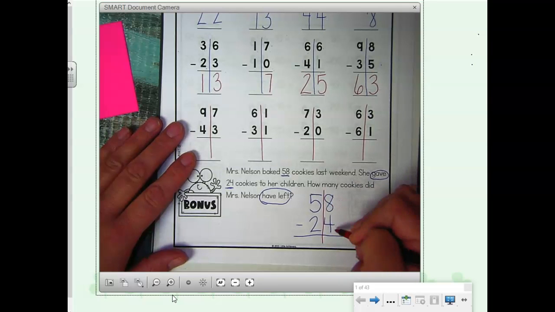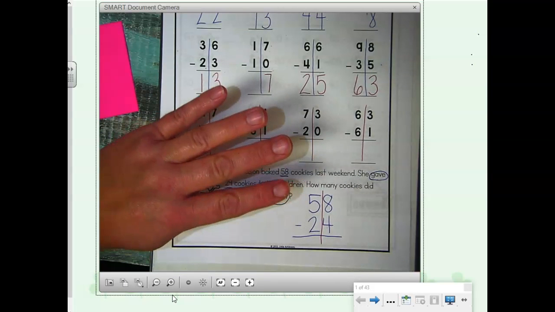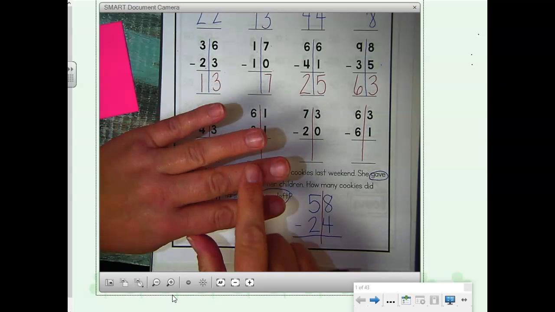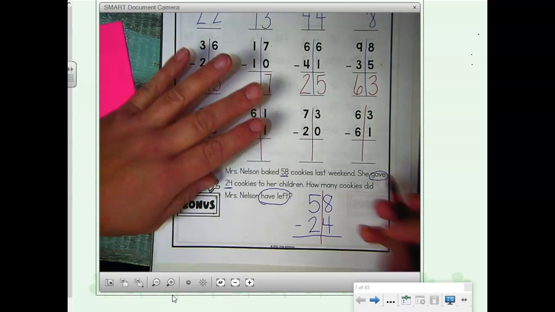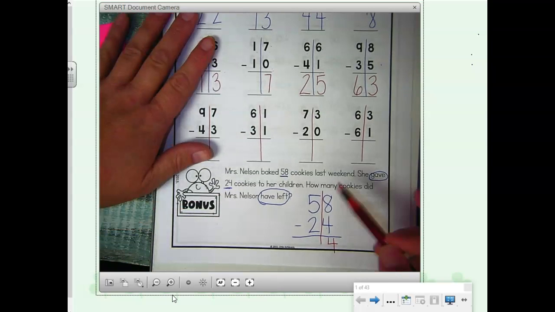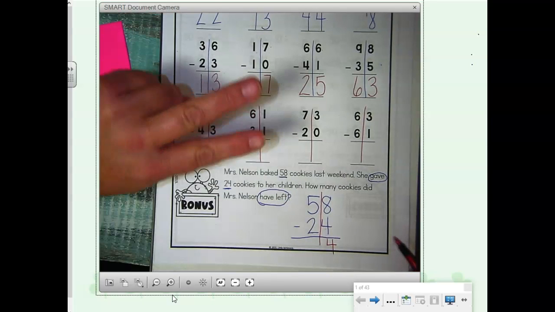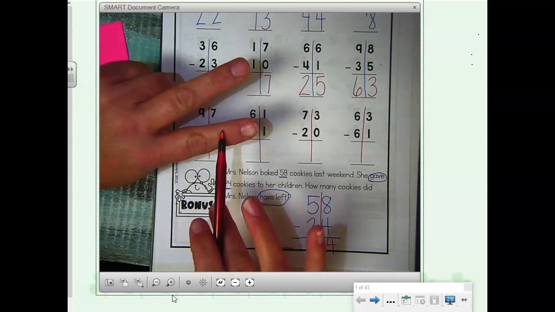All right, so 8 minus 4. All right, 8 in your head. Count back. 8 in my head. 7, 6, 5, 4. 5 minus 2. 5 in my head. Count back 2. 5, 4, 3.